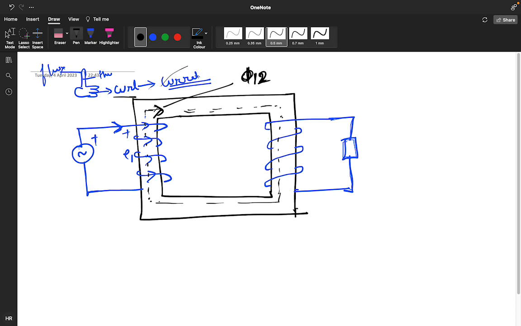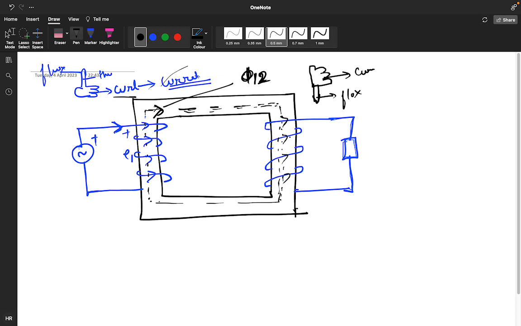Now use the same concept and tell me: if my flux direction is in this, then this curl will represent the current direction, right?